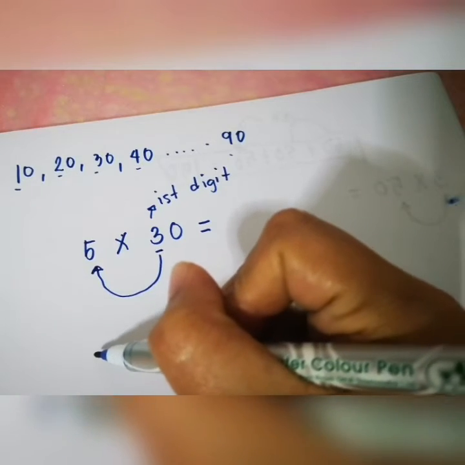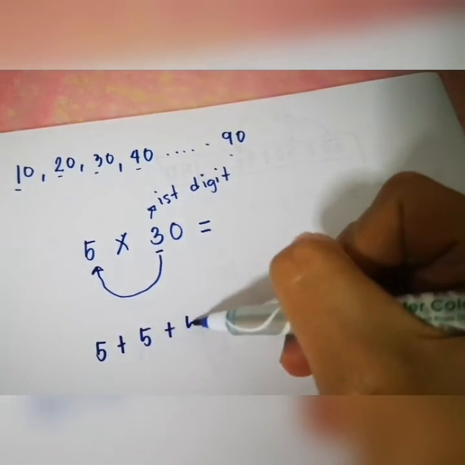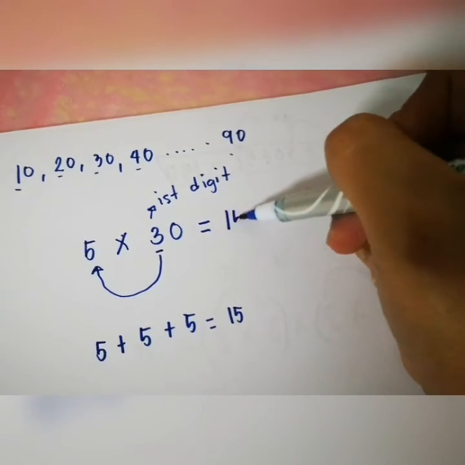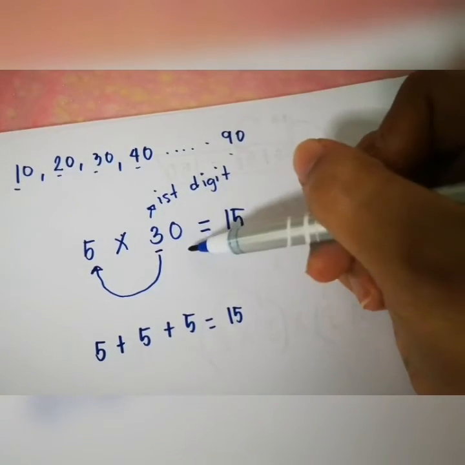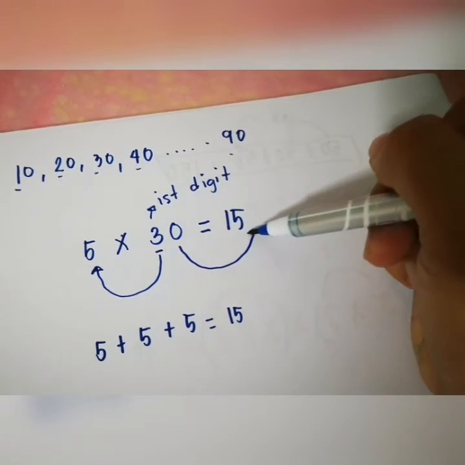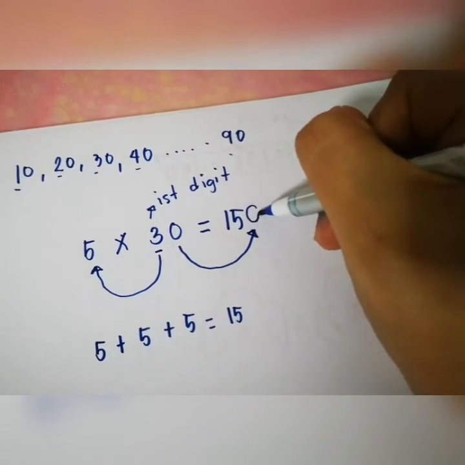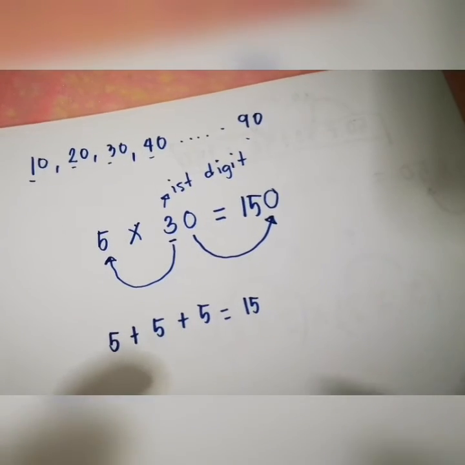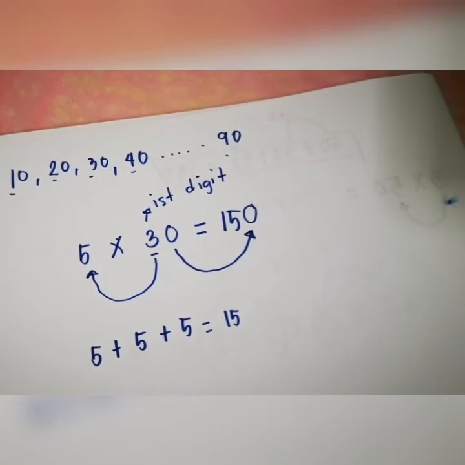Or we can use the expanded form, 5 plus 5 plus 5, we get 15. So the answer is 15. And then we will put 0 next to number 15, which gives us the answer of 150.